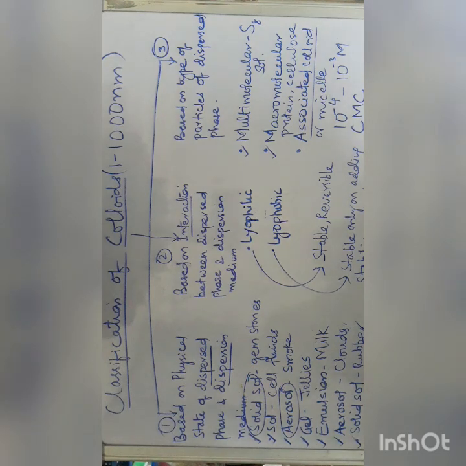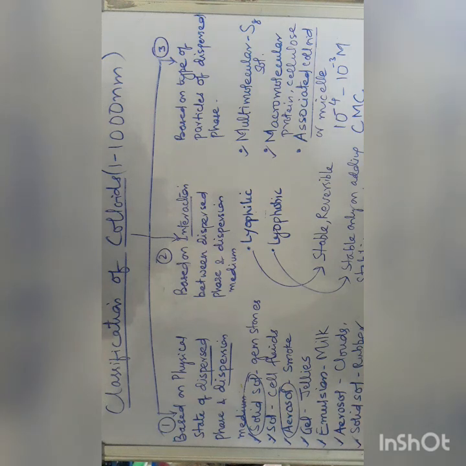So at that temperature, the concentration of the colloid also will be between 10 to the power minus 4 to 10 to the power minus 3 molar or mole per liter, and hence it will form a micelle or it will be an associated colloid.